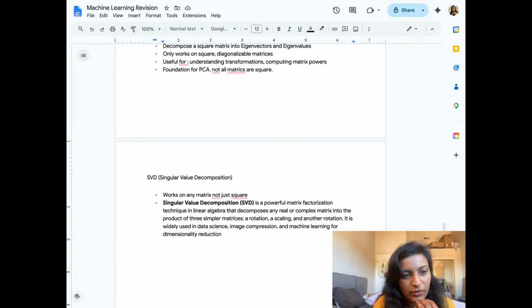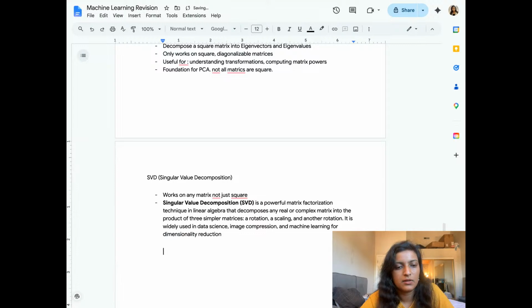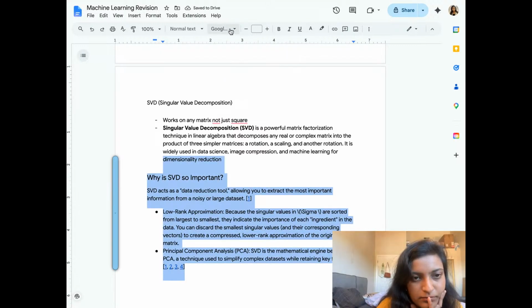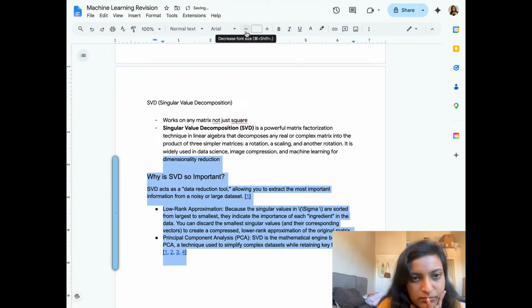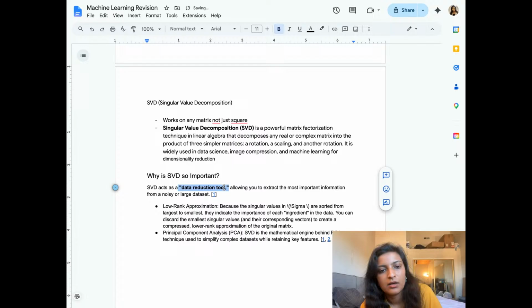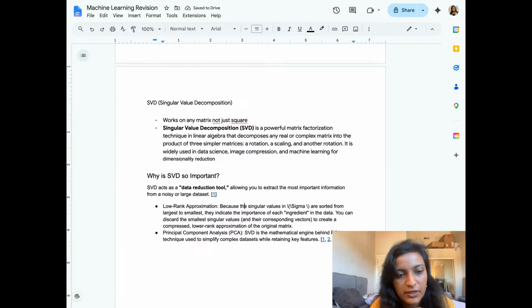Why is SVD so important? SVD acts as a data reduction tool, allowing you to extract the most important information from a noisy or large data set.